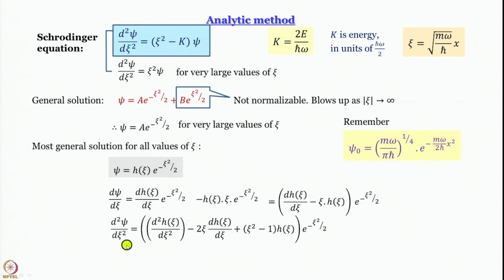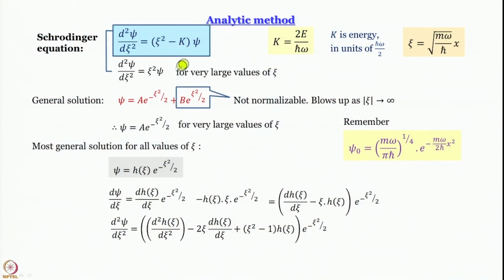So, we get d2 psi d xi 2 is equal to the Gaussian factor multiplied by d2 h d xi 2 minus 2 xi multiplied by the first derivative of h with respect to xi plus xi square minus 1 multiplied by the function h of xi.